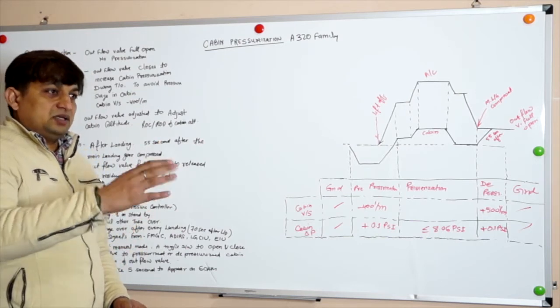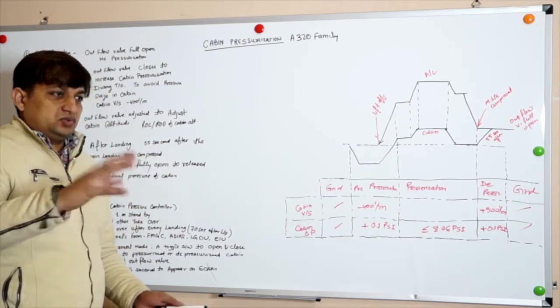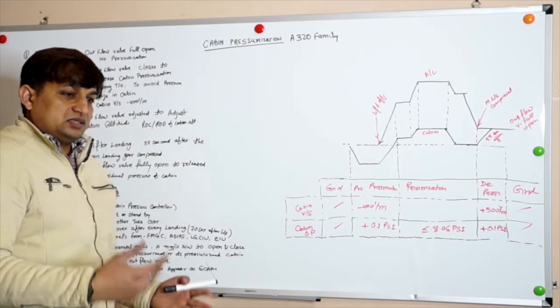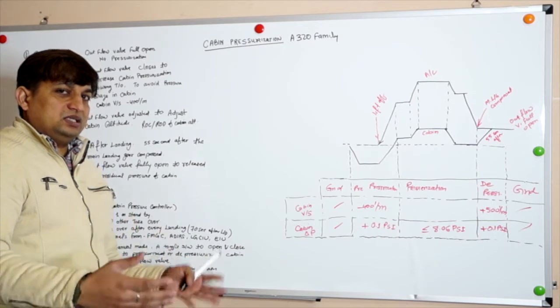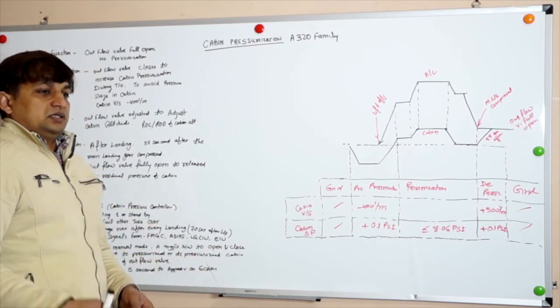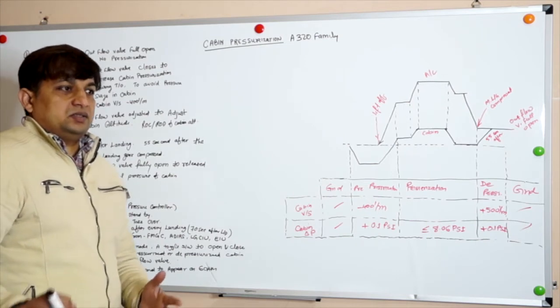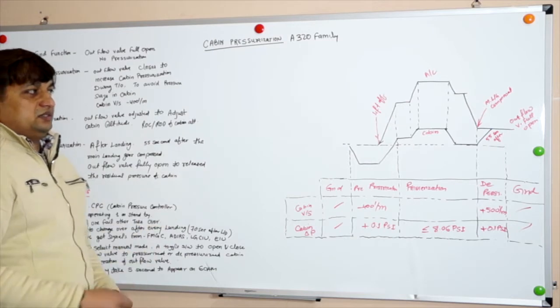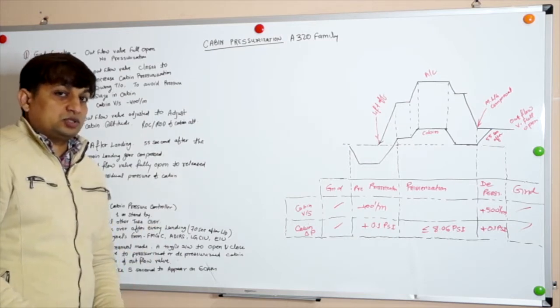As it is climbing, the air pressure decreases. At the same time, the pressurization system slowly increases the pressure inside the cabin, so that the cabin pressure will be more than the outside pressure. So it happens when the aircraft starts climbing and goes up to the cruise.